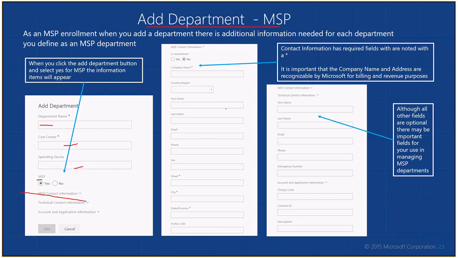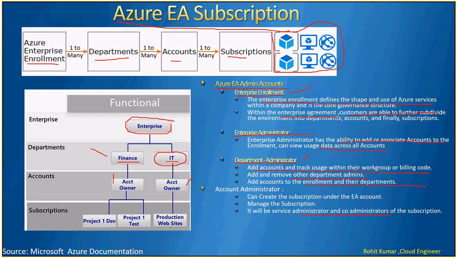And there, whether it is a government cloud or the normal cloud, the complete organization name over here, and the MSP contact details, the email ID, and who will be your administrator for that department particularly. So these are the details, and here I just finish this slide.